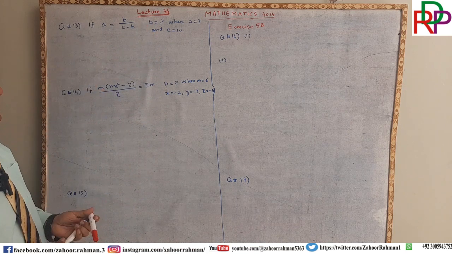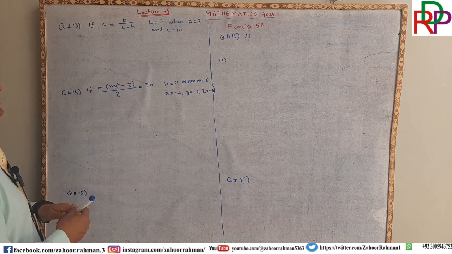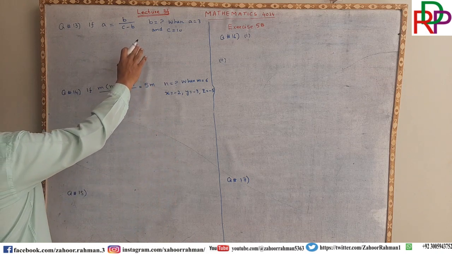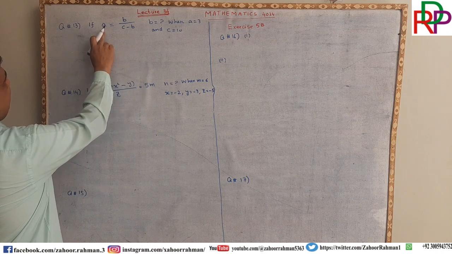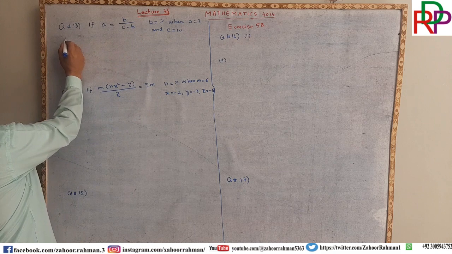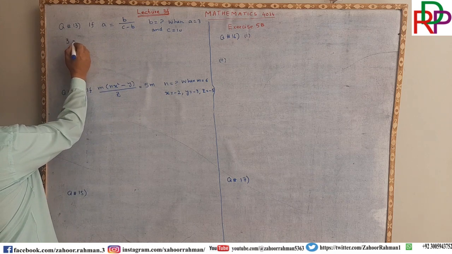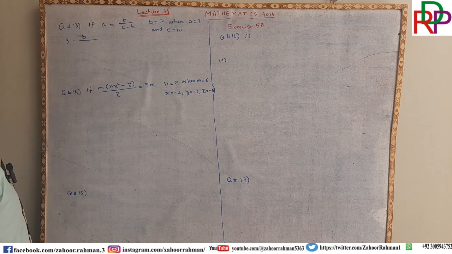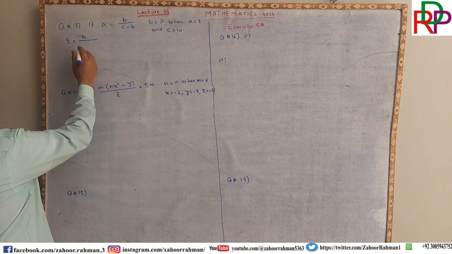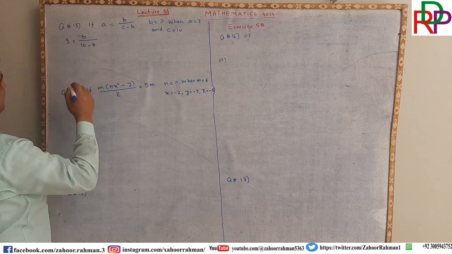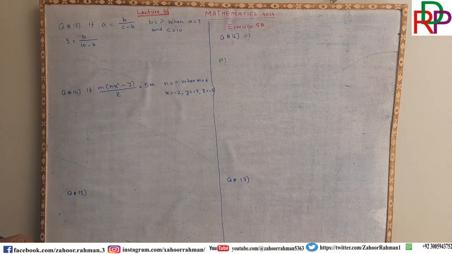First we are putting the values inside this and then we will find the value of B. So A is given as 3. So we are putting 3 is equal to B, we have to find, so we are leaving it as it is. And C is equal to 10 and minus B will be written as it is given.